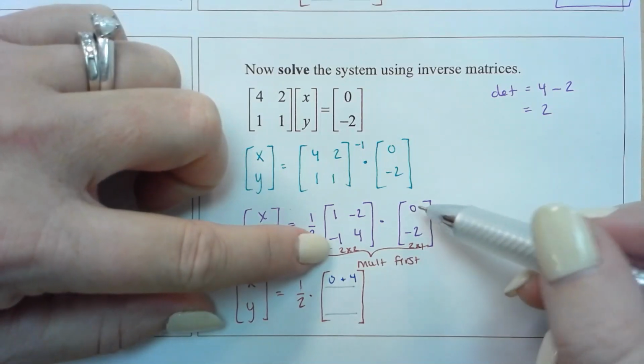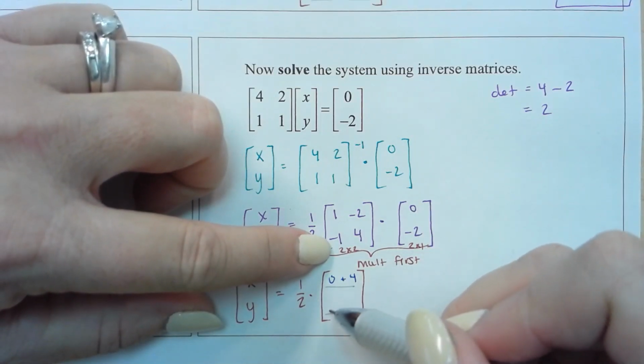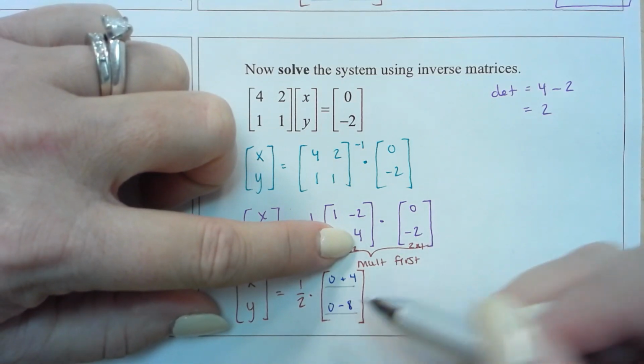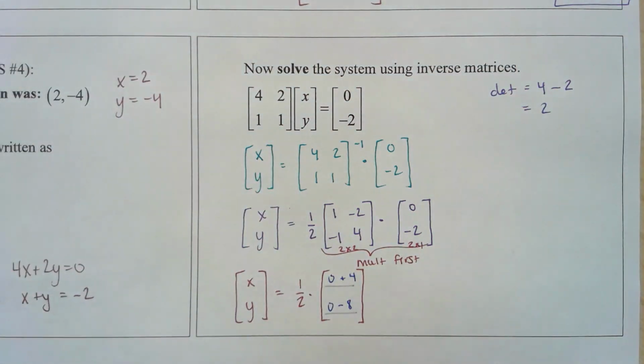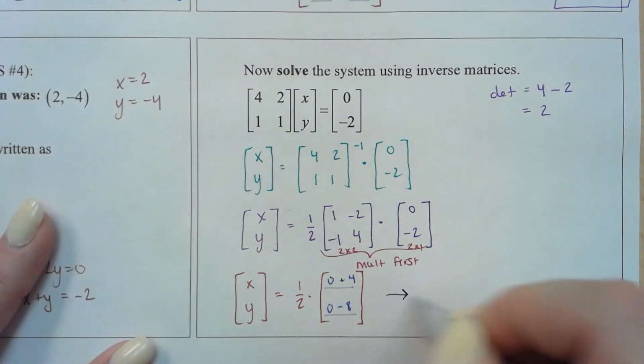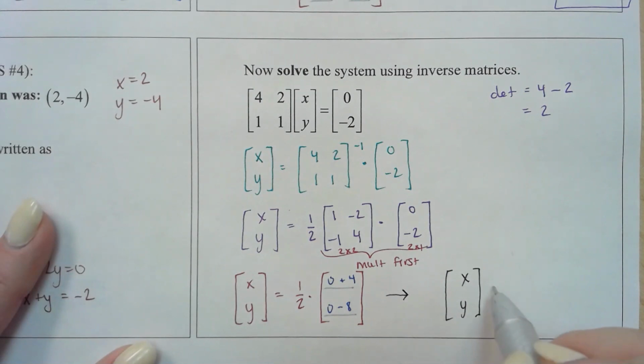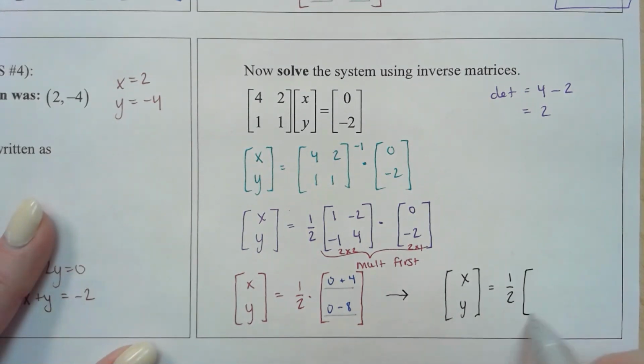I come down here. -1 times 0 is 0. Move both hands. 4 times -2 is -8. Add those together. And so now I can say my unknown matrix is equal to 1/2 of a 4, -8 matrix.